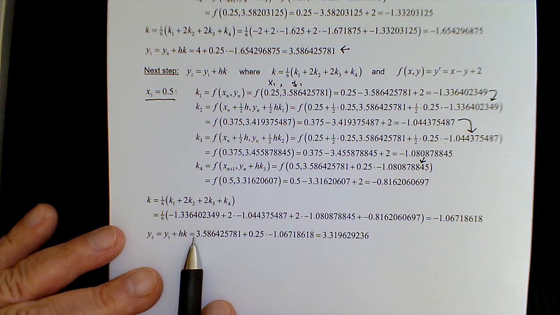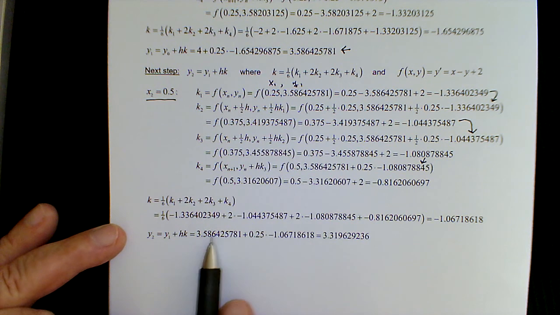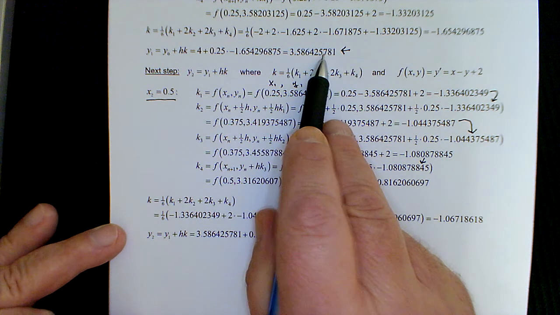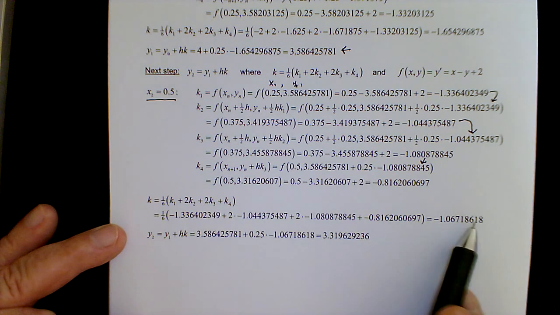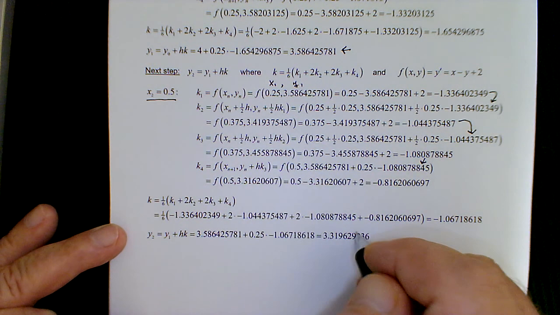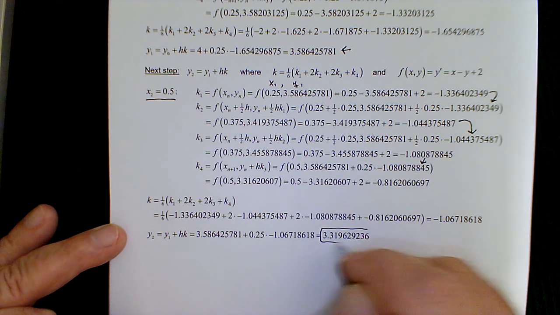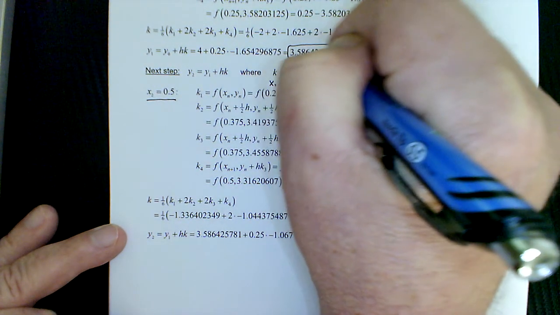And then finally y2 would be y1, so back to that 3.5864 again, and then plus 0.25 times this ultimate k value, and that gives us this number here. So these are the two approximate solutions.